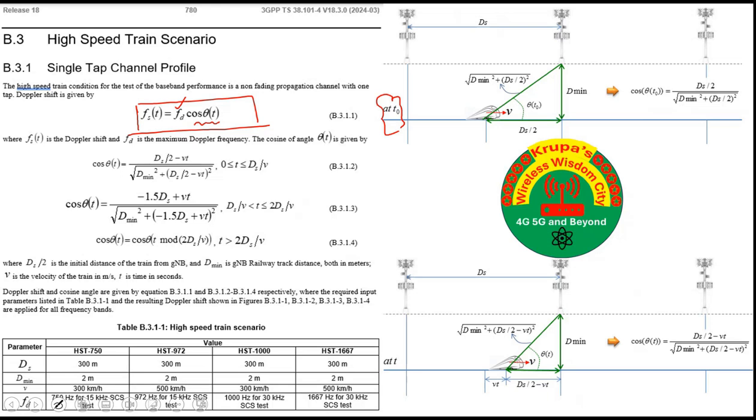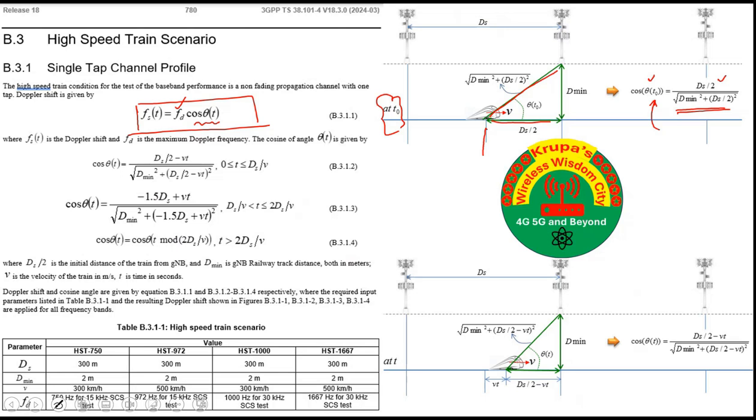Let's say at this time t0, I am at the starting point. Cos theta t0 is equal to Ds by 2 divided by my diagonal. This is my height divided by my diagonal. That's pretty simple, cos theta t. But remember, this theta is a function of time. So this is my initial condition.